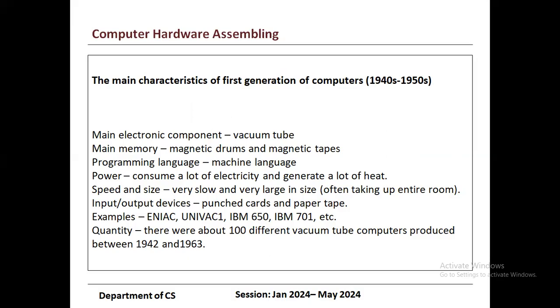Machine language was the programming language used for these computers, and they could not multitask. The ENIAC was the first electronic general purpose computer that used almost 18,000 vacuum tubes and was built in 1943 for war-related calculations. Some other examples of first generation computers are UNIVAC 1, IBM 650, IBM 701, etc.